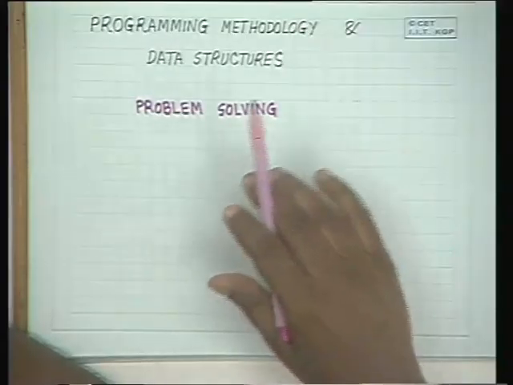So in other places you will read up terms like algorithm design, programming methodology, data structuring. These are all related to converting the problem which is given to you to a sequence of steps which can be executed in the computer.